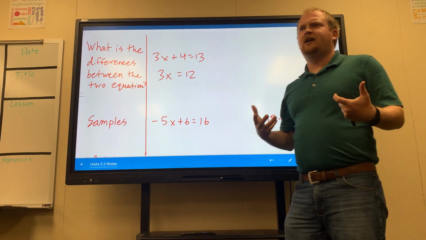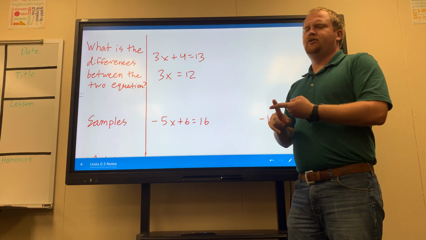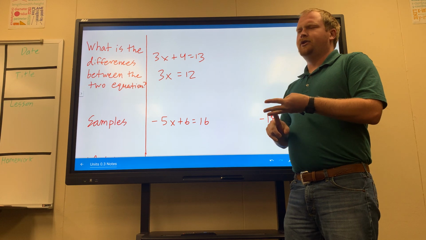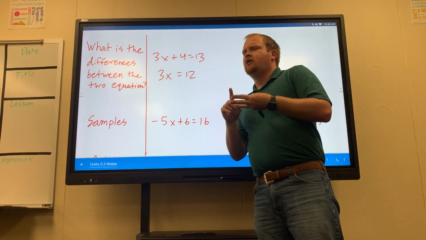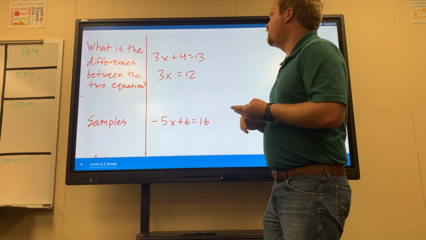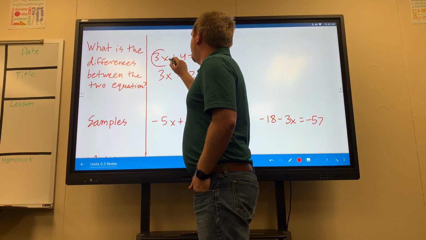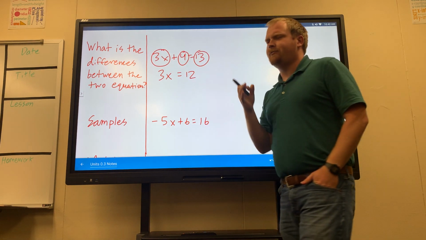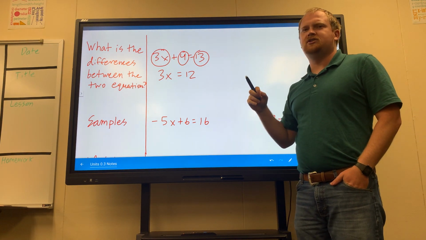If y'all remember from last year, a term is basically any single number, a variable, or the product of a number and a variable. Any of those three is a term. So if you look right here on the top, I'm going to have 1, 2, 3. I have three terms on this first equation.